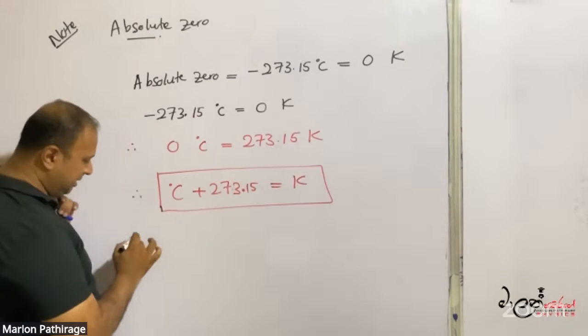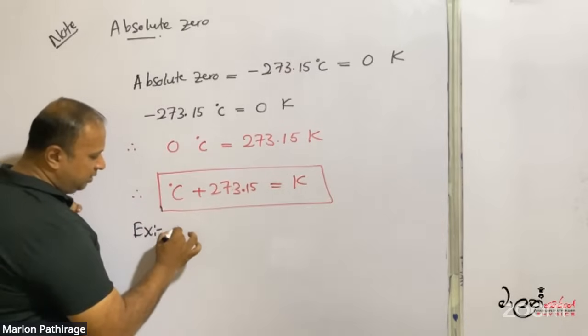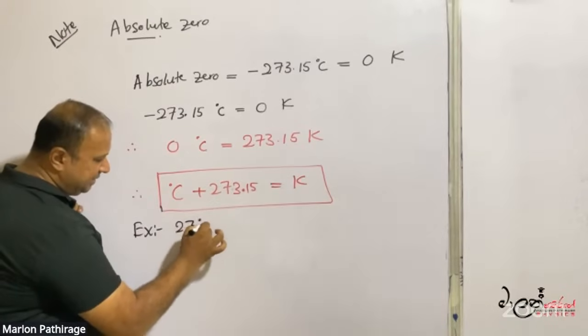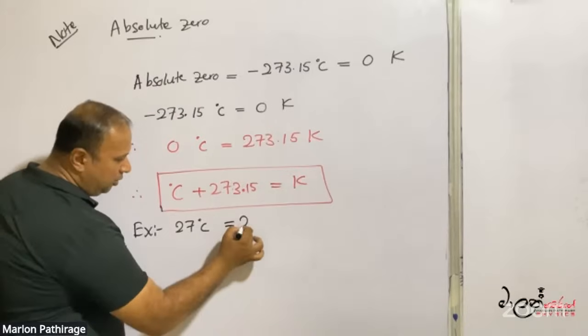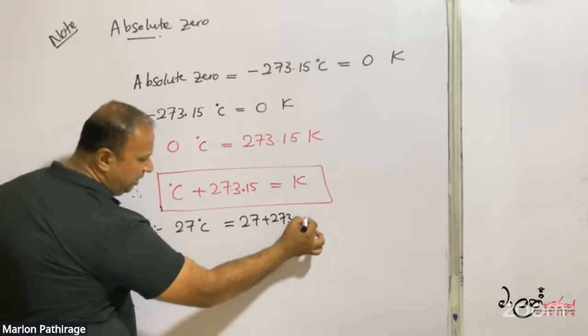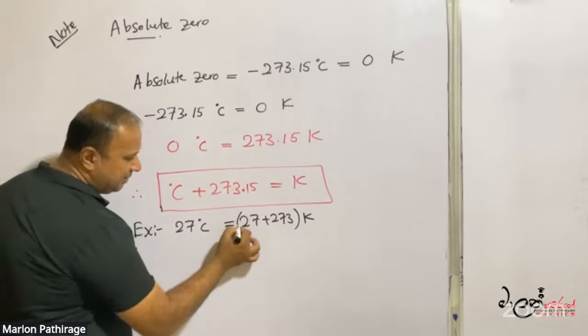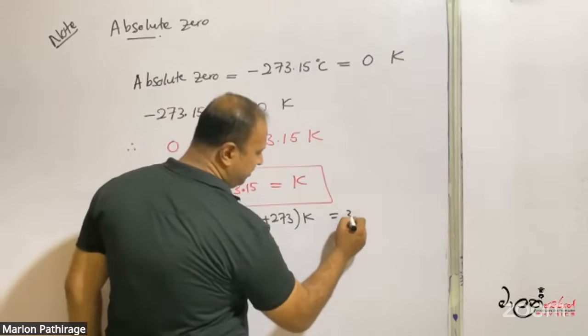Suppose 27 Celsius is equal to 27 plus 273 Kelvin, that means 300 Kelvin.